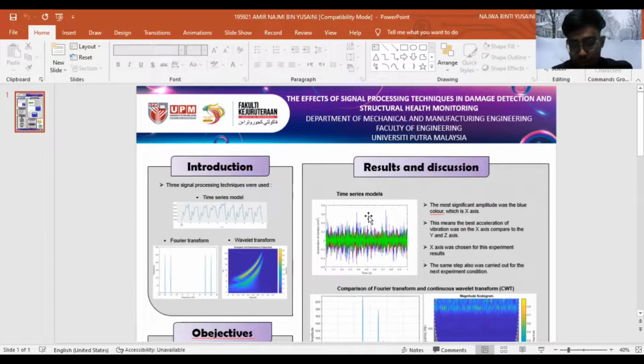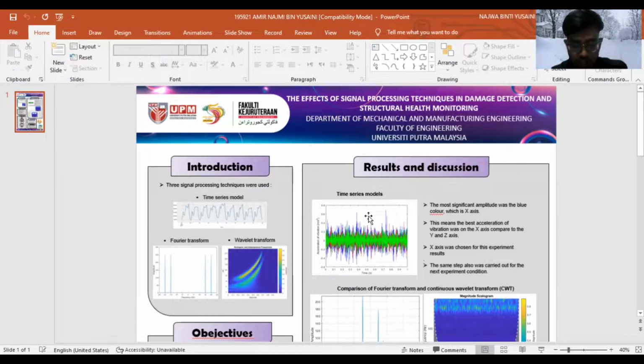Basically, this project is about comparing signal processing techniques: the time series model, Fourier transform, and wavelet transform, in damage detection used in structural health monitoring.